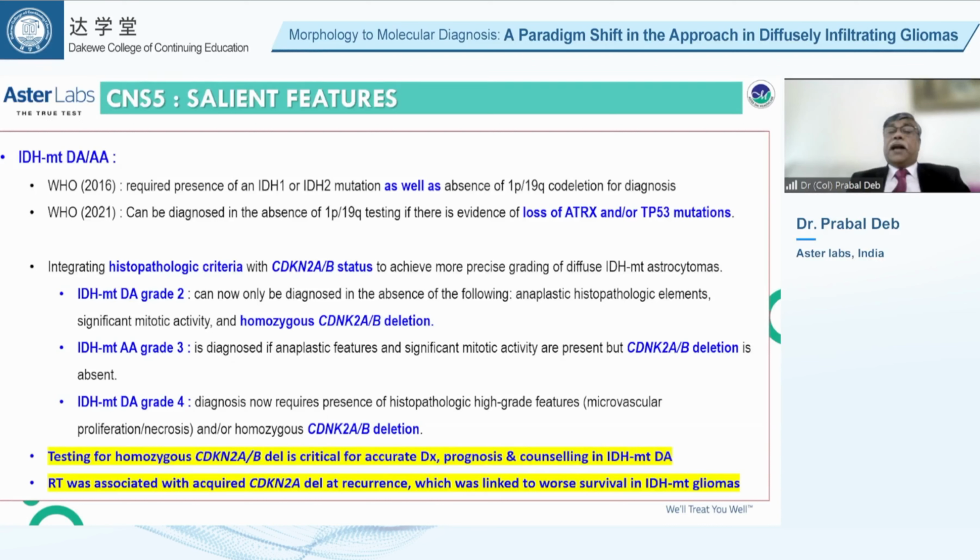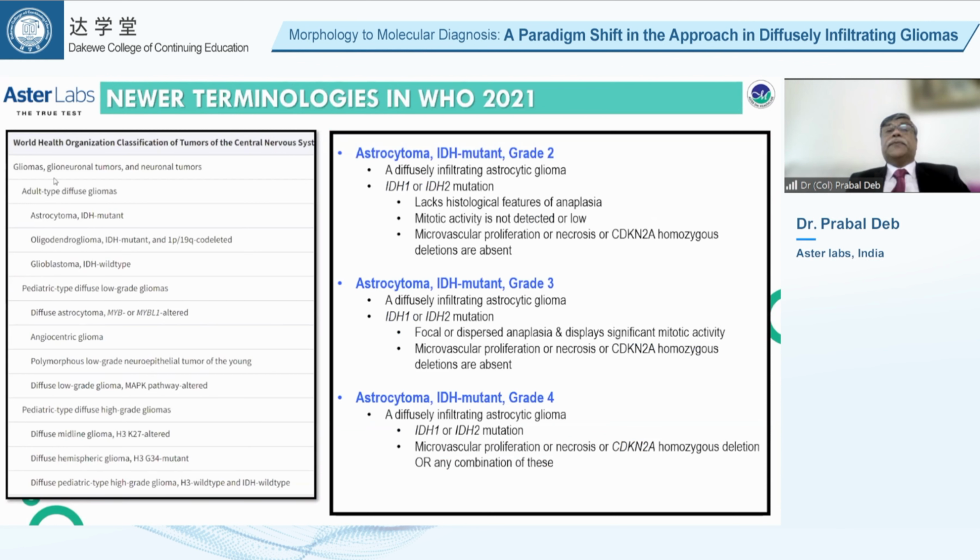Interestingly, radiotherapy was observed to be associated with acquired CDKN2A deletion at recurrence, and this was linked to worse survival. So all recurrent gliomas need to be tested for CDKN2A to understand the implication and how aggressively the tumor needs to be treated.